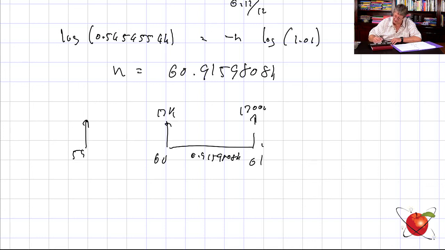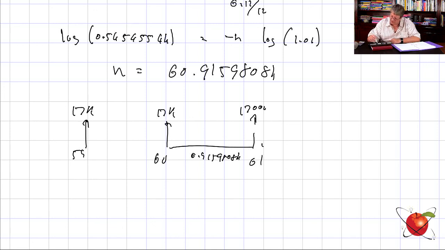These were all 17,000 each. The last one isn't quite at the end of the month. It's at 0.915. Basically, it's due 0.915 times 30. It's due on day 27 and almost 28. So it's virtually at the end of the month.